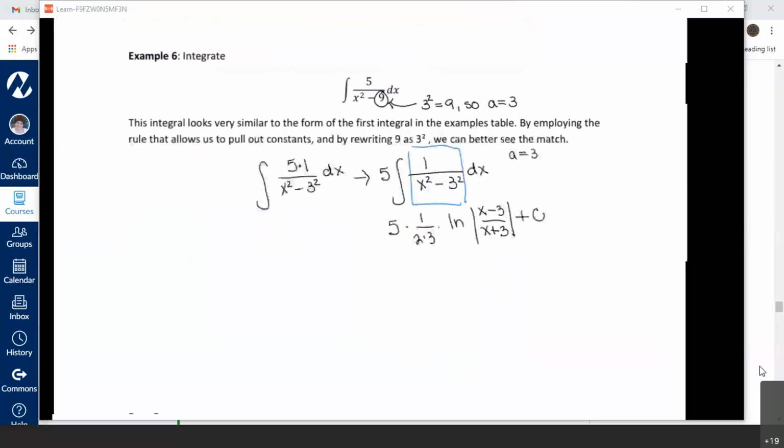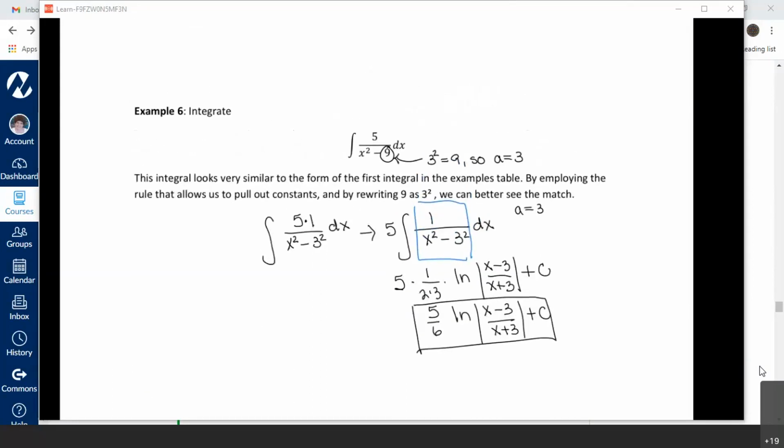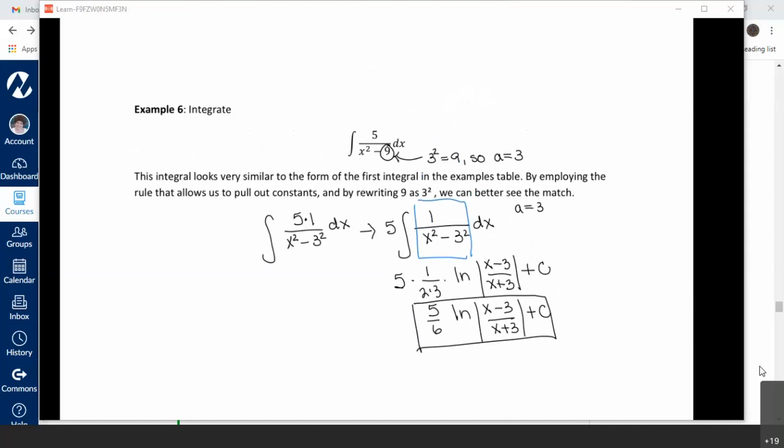And again, simplifying further, this is going to be 5/6, 5 in the numerator, 6 in the denominator, times ln of the absolute value of x minus 3 over x plus 3, plus c. All I had to do was a little algebra. I didn't have to do any calculus. I used the pattern.